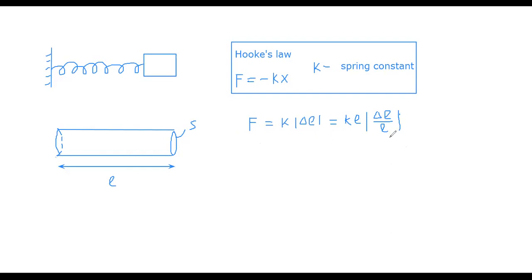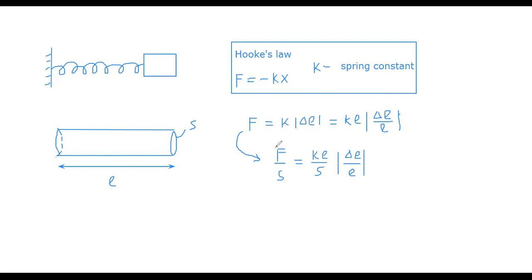And we can also divide the right and left sides of this formula by the square of the cross section S. So we can write this way: F divided by the cross section equals k L divided by S, times delta L divided by L. And we have got another form of Hooke's law.